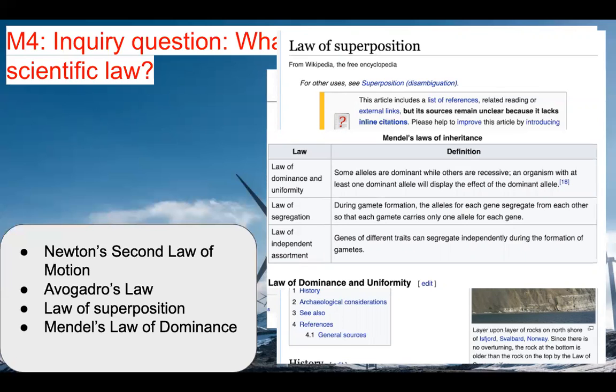Essentially, the main one there is the law of dominance, essentially that organisms have a pair of traits and one of those traits can be dominant. And he worked that out, that green peas were dominant over yellow. I think it was smooth peas were dominant over wrinkled peas.